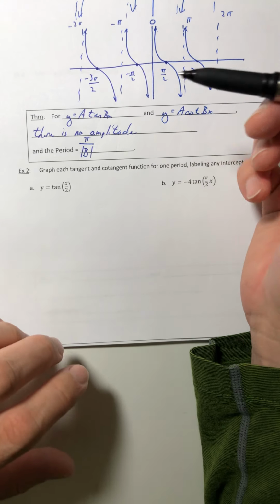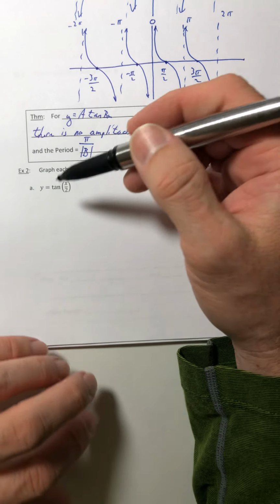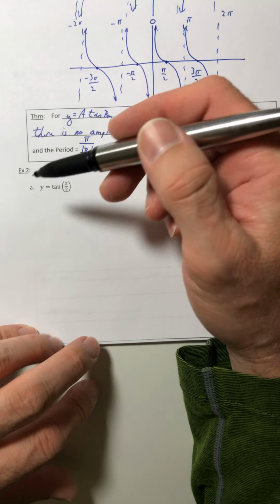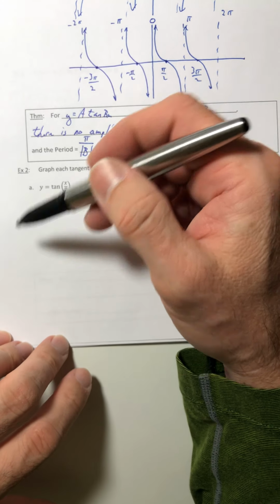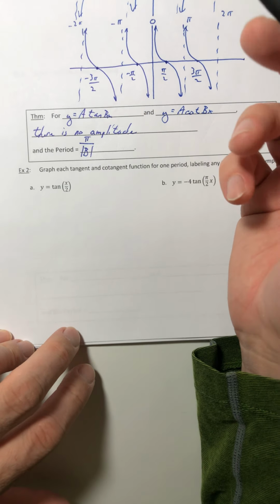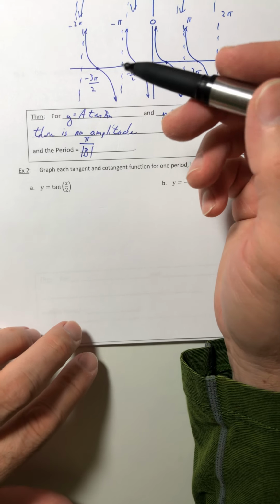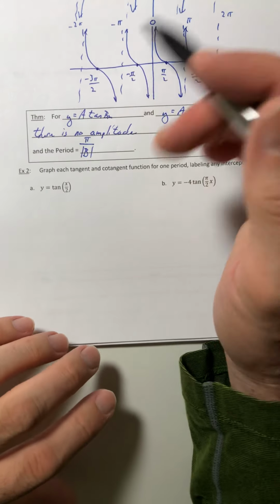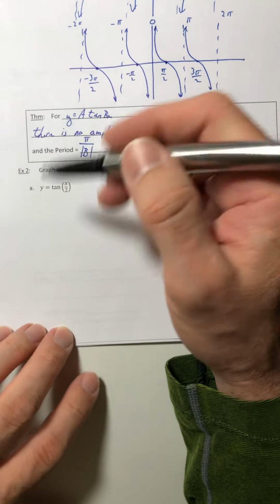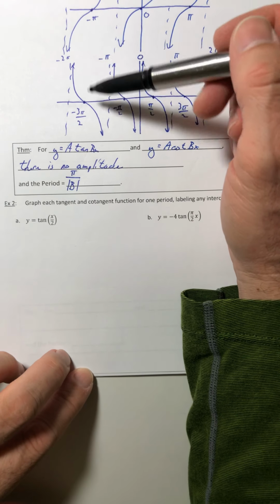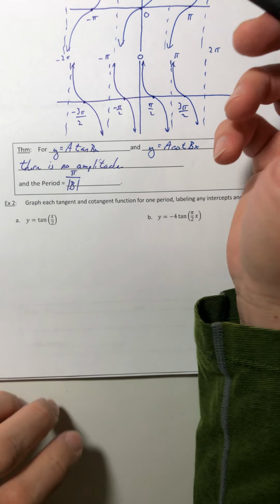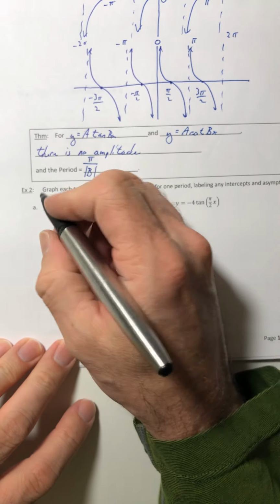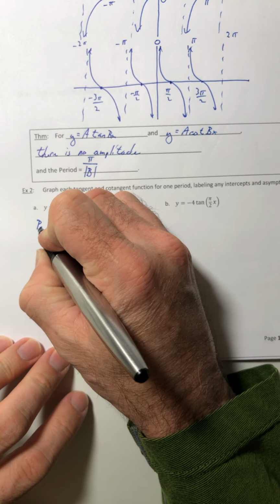But again, these are sketches, so you're not really going to see that unless you're doing everything to scale on graph paper or using some sort of graphing utility. For our purposes, when you draw them, don't worry if it's too thin or too wide. That's not the point of these problems. The point is, do you have the right shape? Do you have the right intercepts and asymptotes? That's pretty much it.